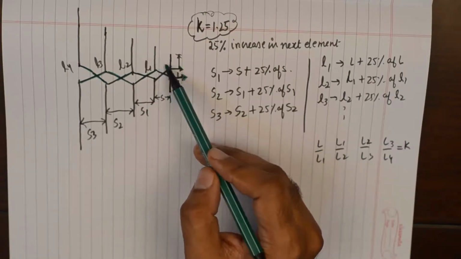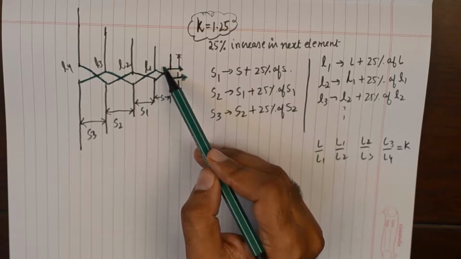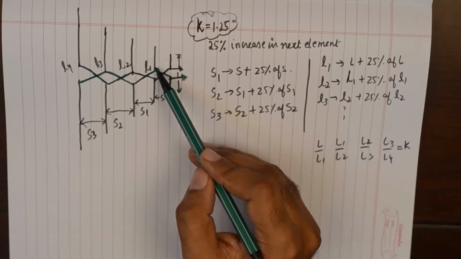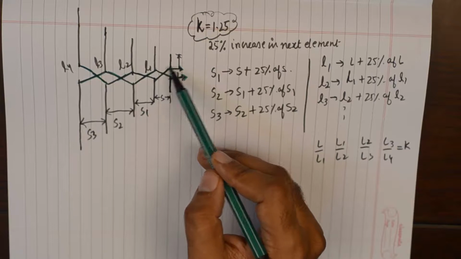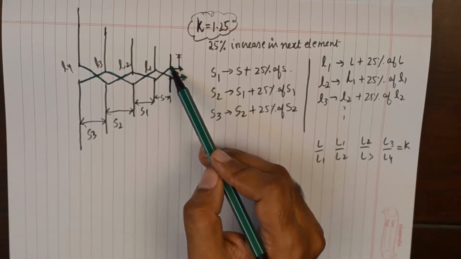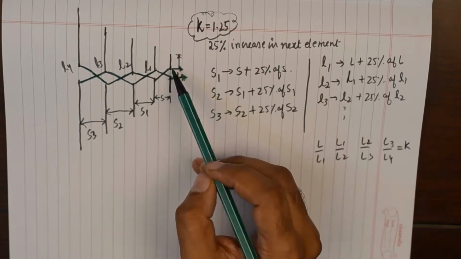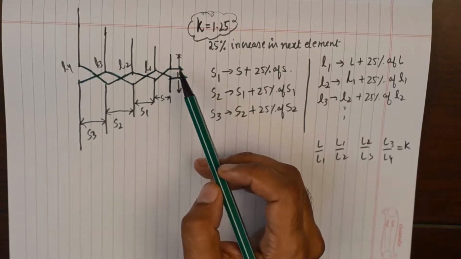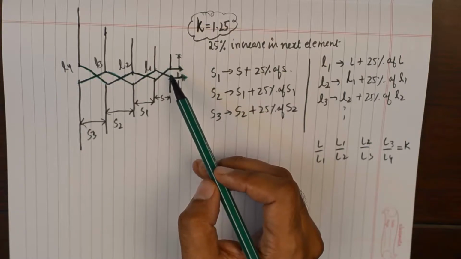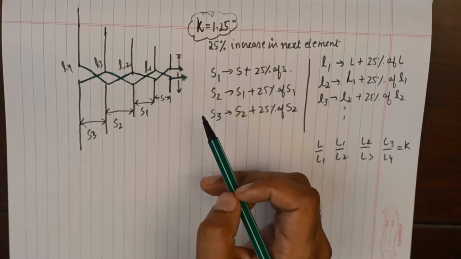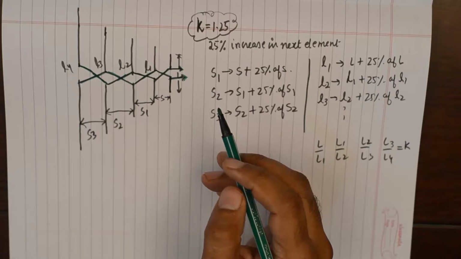And similarly, this will be responsible for sending another frequency which will be smaller than the frequency of this element. So in this way, we shall be able to send a wideband signal through a log periodic antenna.